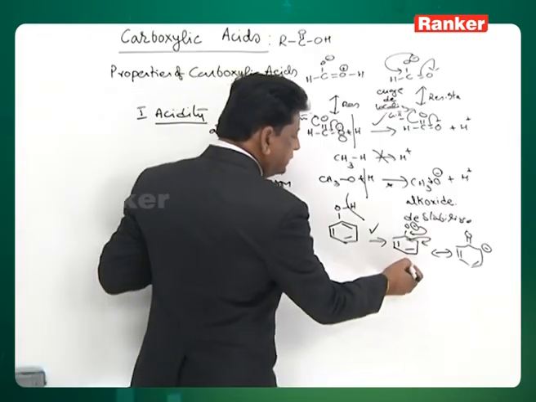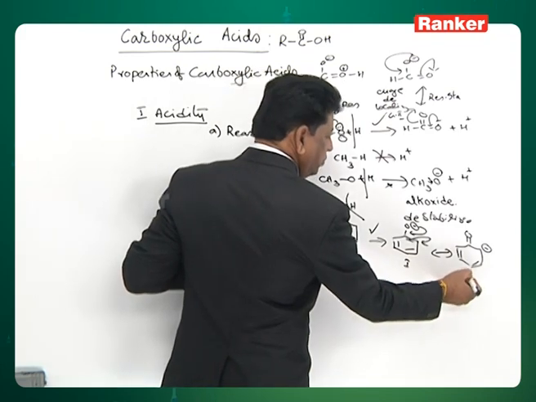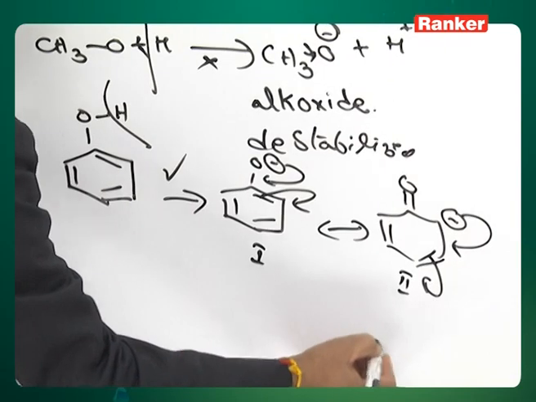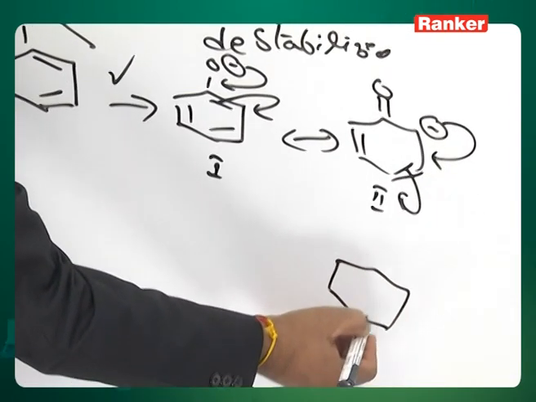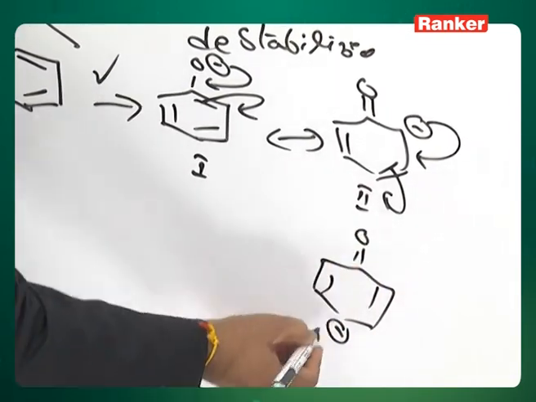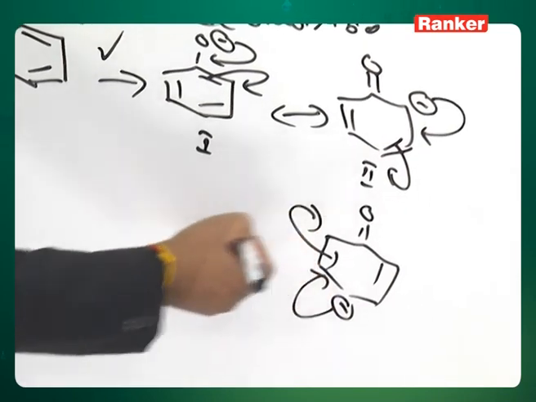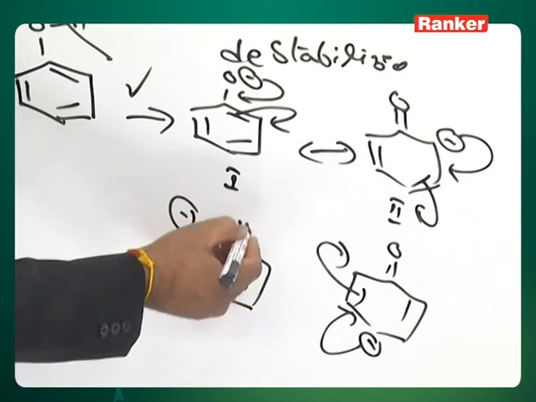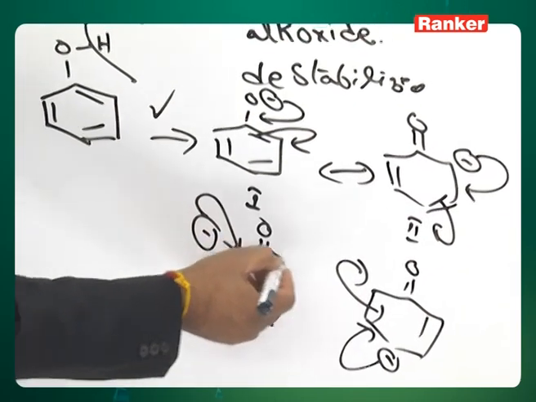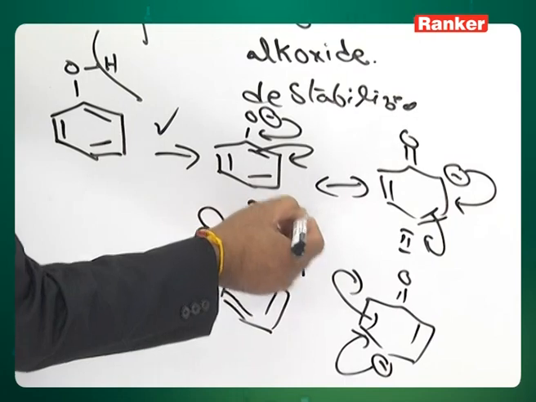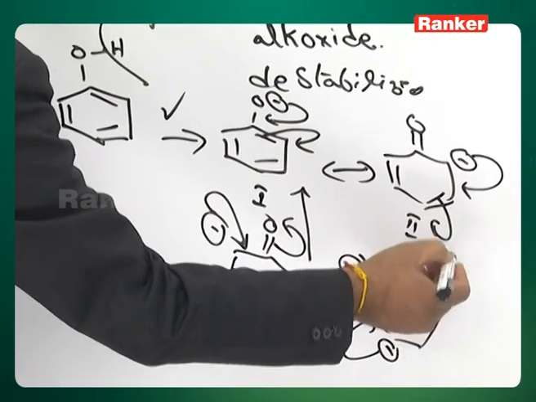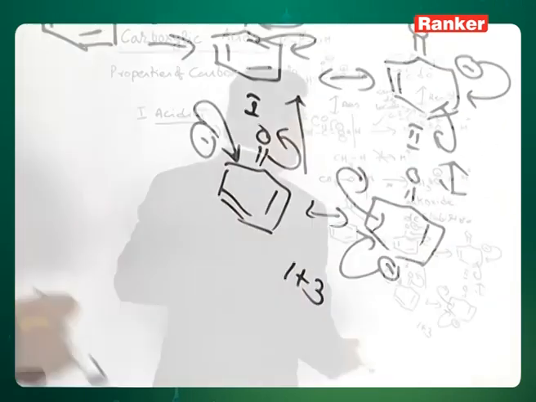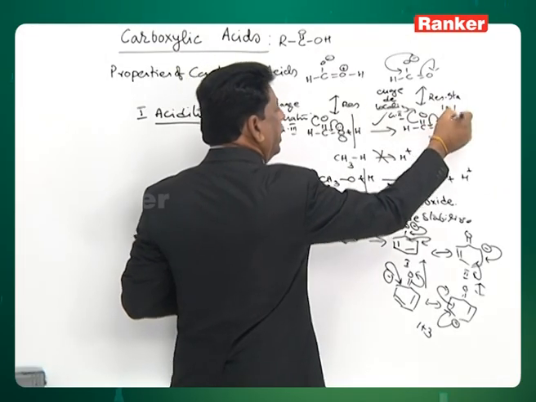But here structure 1 changes to structure 2, structure 2 changes to structure 3, like that. The anion structure comes to this side. If 1 is given, this goes back to 1. So, there are 4 resonance structures, 1 plus 3. This has only 1 plus 1.